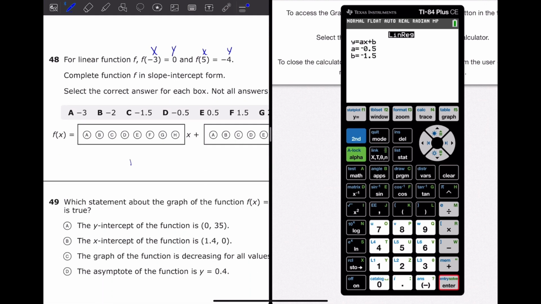Your slope is -0.5 and your y-intercept is -1.5. Select your answer choice.